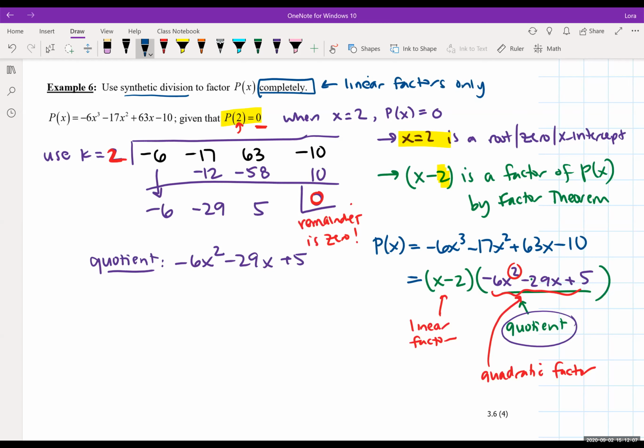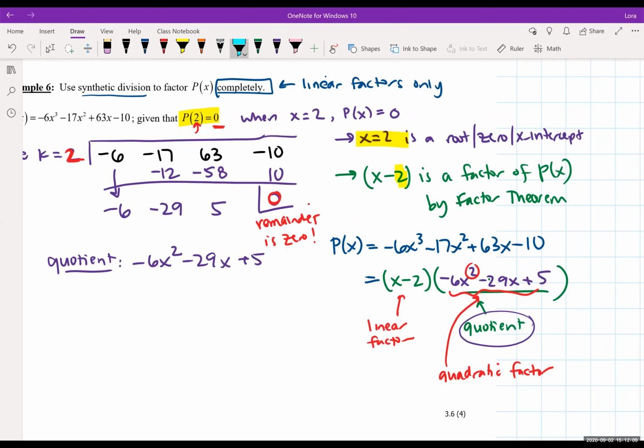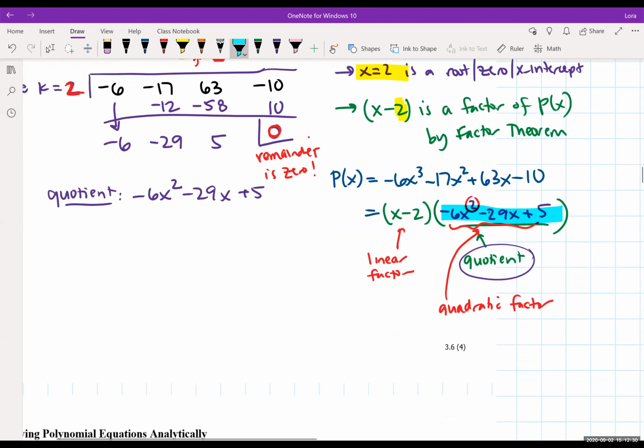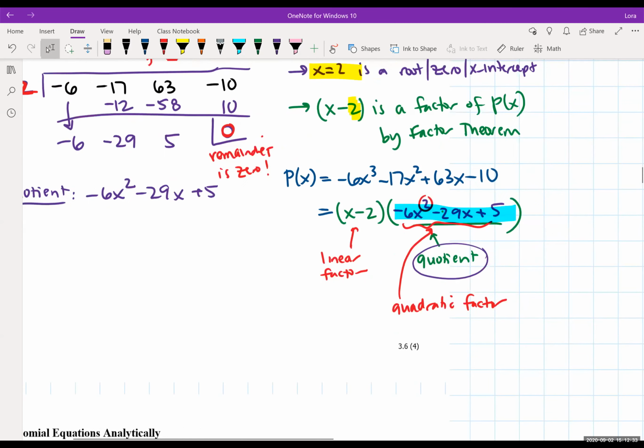So what that means is we have to take our quadratic factor and just see if we can factor it using any of the techniques we may have learned from our past. And if we can't, we could pull out the quadratic formula and go backwards, but usually you don't have to do this in a college algebra course. So let's see if we can factor this using some of the techniques from our past math courses. I'll pull this off to the side.